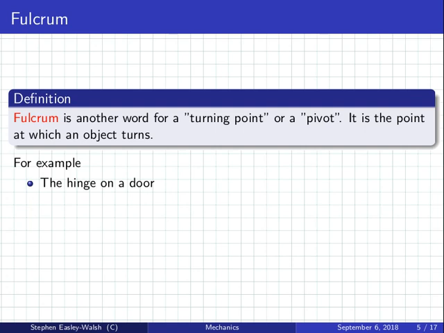When I'm walking, you can see when I put my foot on the ground, there's like a turn. So this here would be the fulcrum. So the hinge on a door is an example. The center of a seesaw that the children sit on.